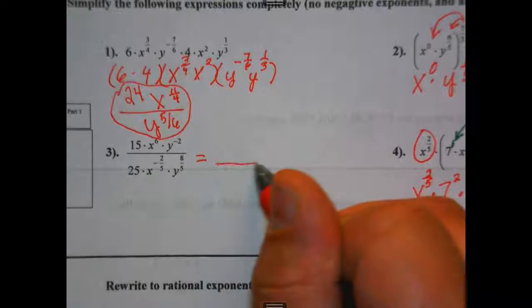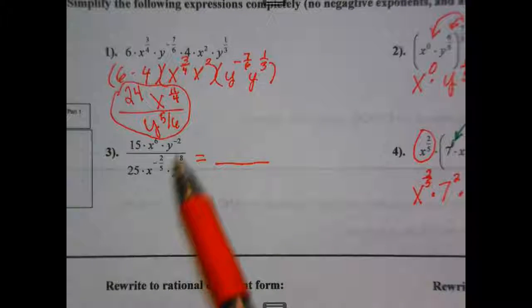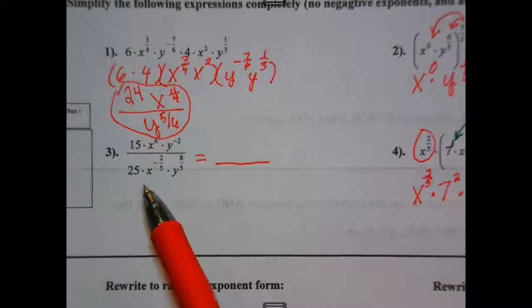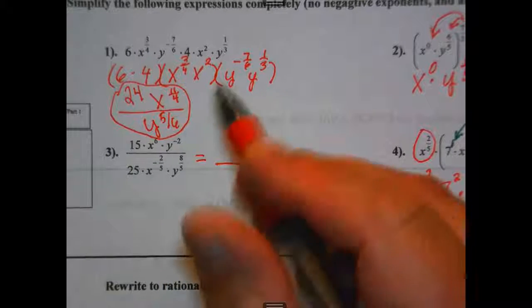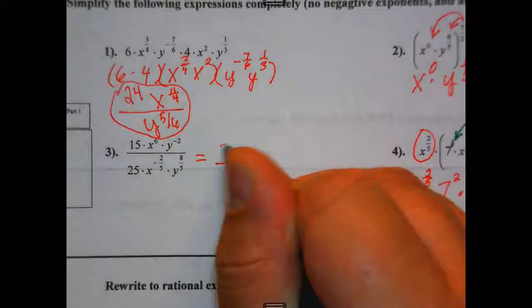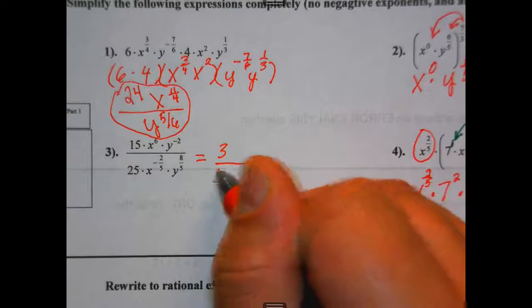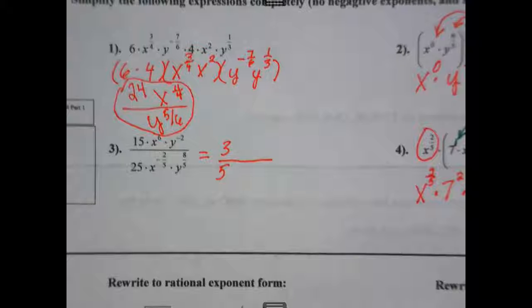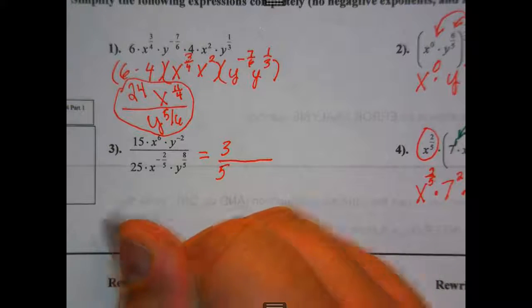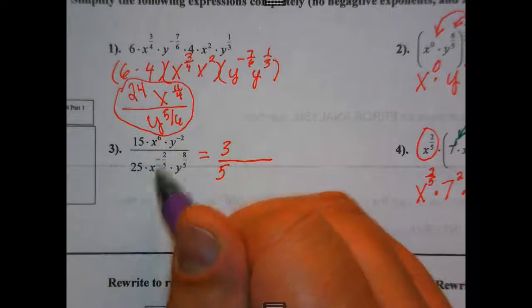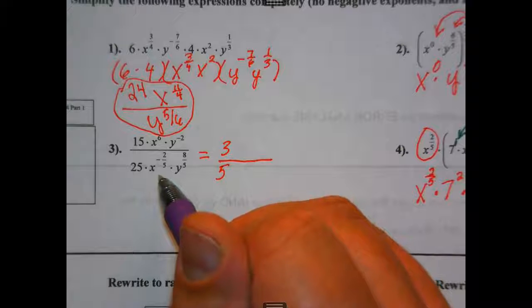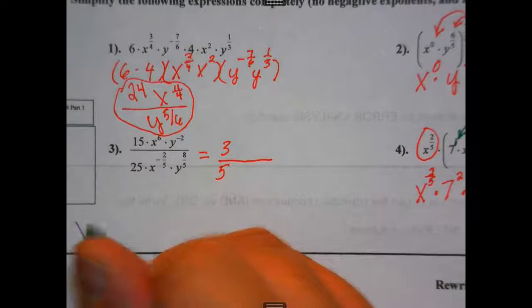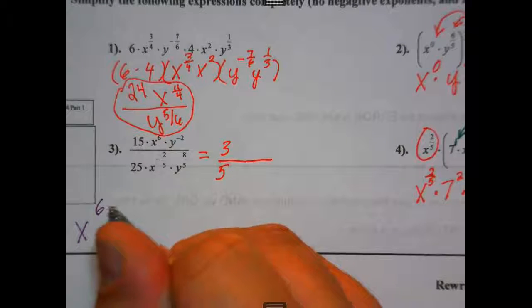Okay, I know that 15 does not divide evenly by 25, but it does reduce. 15 divided by 5 is 3. 25 divided by 5 is 5. Okay. I have division of my x. So what do I do with the exponents? That's right, subtract them.